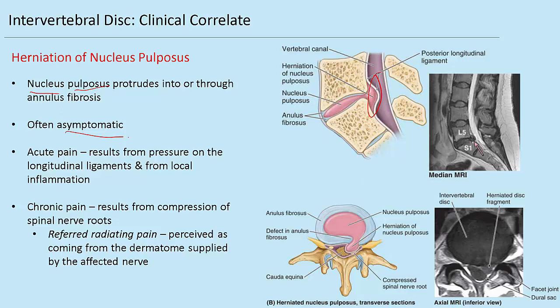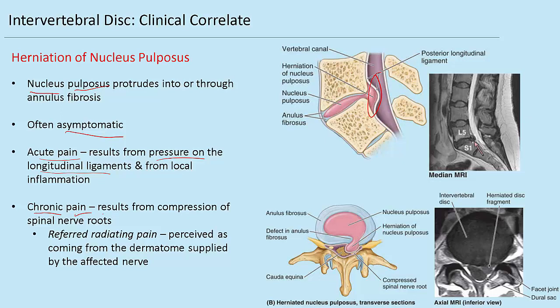When it does cause pain, it can cause this acute pain that's coming from the pressure on the ligaments and also inflammation of that tissue at that joint, or at that nerve rather. So we'll be secreting different inflammatory chemicals, and that can irritate the nerve, and that can also cause that pain. There can also, of course, be chronic, long-term pain, and that can result from the compression of the root itself.